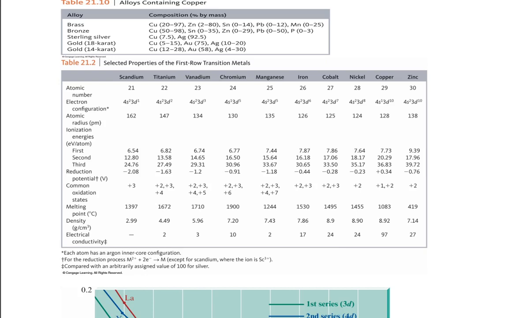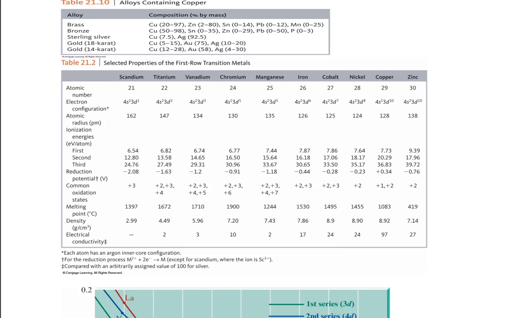So with your periodic table in hand, notice that the electron configuration of scandium would be argon 4s2, and then 3d1. Titanium, the same, argon 4s2, 3d2. Vanadium, argon 4s2, 3d3. Chromium, we see 4s1, 3d5.